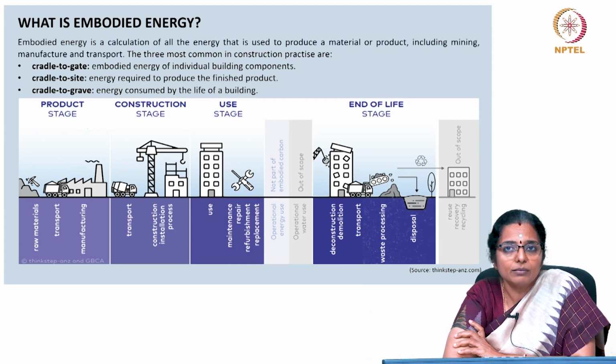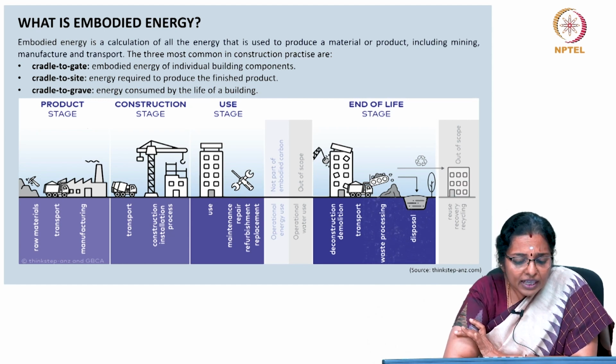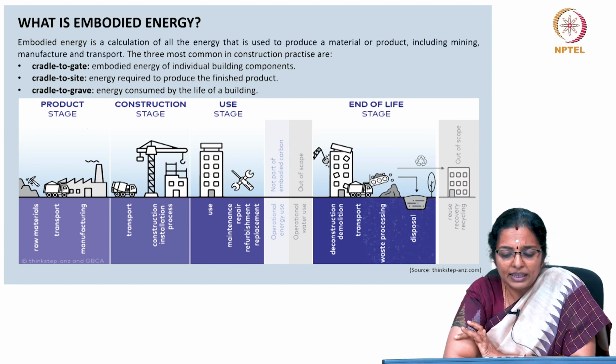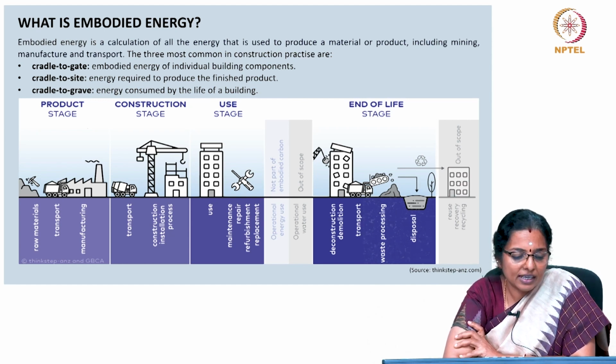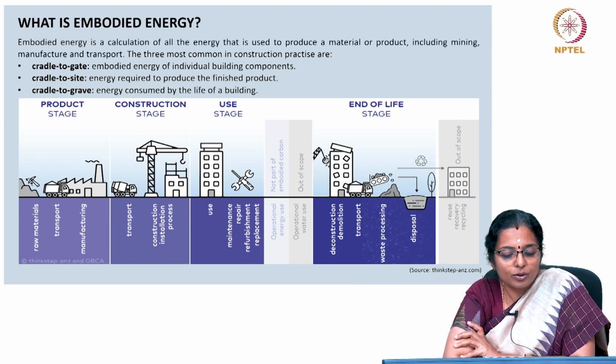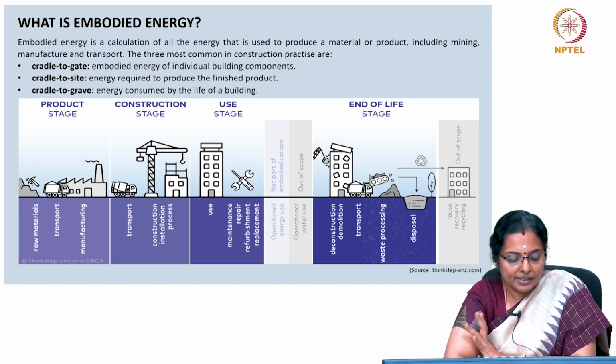In other terms, it does not account for the heating, cooling, lighting and power of any appliances that allow the building to serve its intended function. So, the three most common things in construction practices are cradle to gate, which is embodied energy of individual building components.